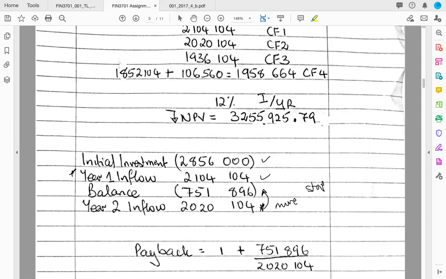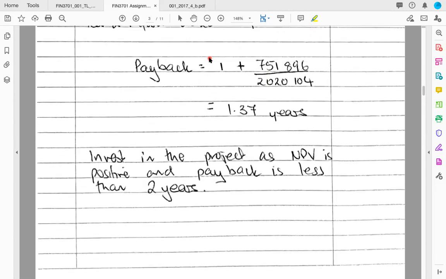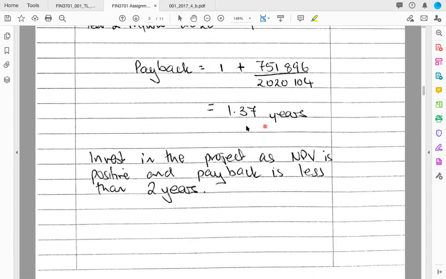Then we take the year before the last year that we wrote. So we say 1 year plus the amount on the balance, which is 751,896, divided by the year 2 inflow, which is 2,020,104. And then if you use your calculator there, you will calculate a payback of 1.37 years.